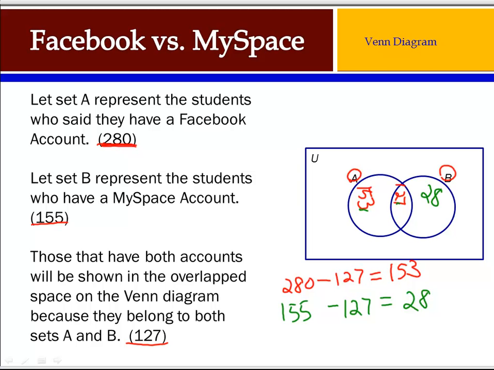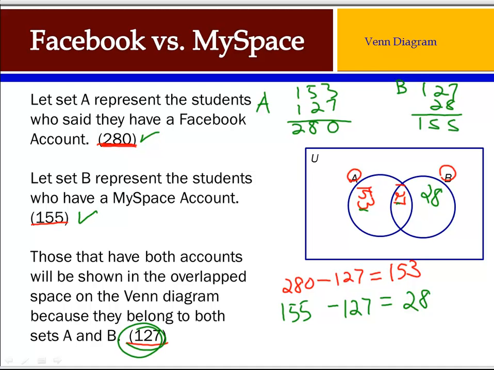So there are 28 more over in set B. Now just double checking, 153 and 127 make up the elements of set A. If you add those up, you get 280. And set B is 127 from the overlap region and 28. That's 155. And from our picture, we can also see that we have written the 127 in our overlap area.